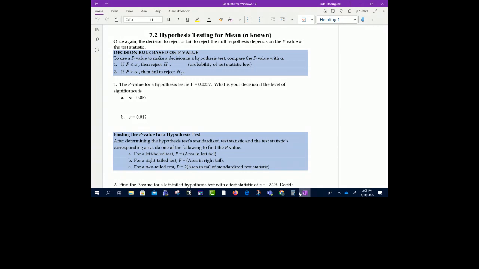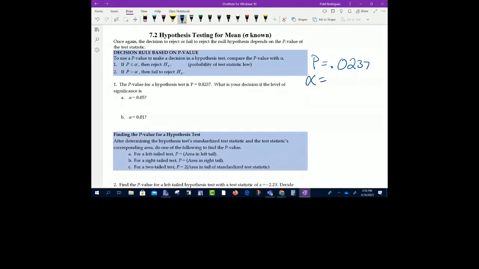Now it says, here is the p-value for a hypothesis test. P is equal to 0.0237. What is our decision if the level of significance alpha is, and they gave us a couple of examples here. Let me get my pen going. P in this case is 0.0237.